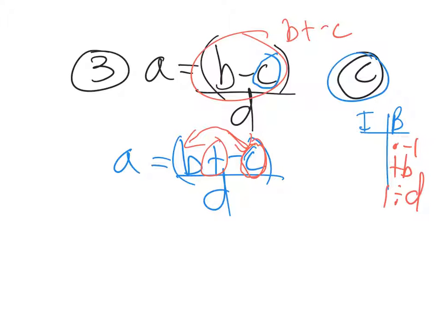And the negative of c means you're multiplying by negative 1. Now, what's the inverse, by the way, of multiplying by negative 1? Well, the inverse of that is to divide by negative 1. But you know what? Think about that for a second.